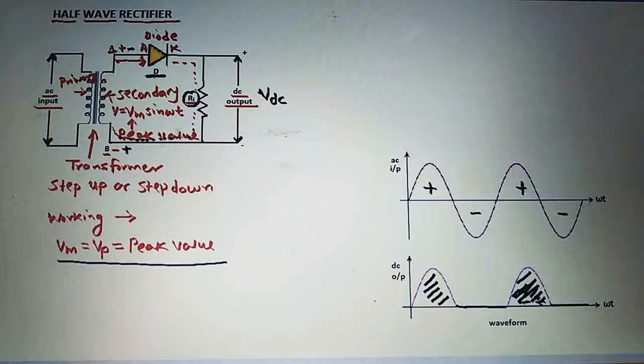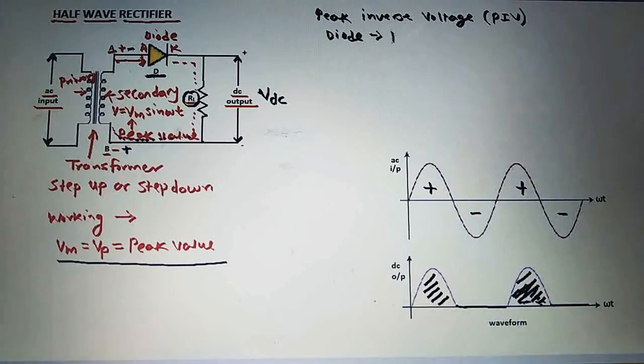Next is the peak inverse voltage. This peak inverse voltage is also called the PIV. Now see here, during the negative half cycle, the diode is in reverse bias.